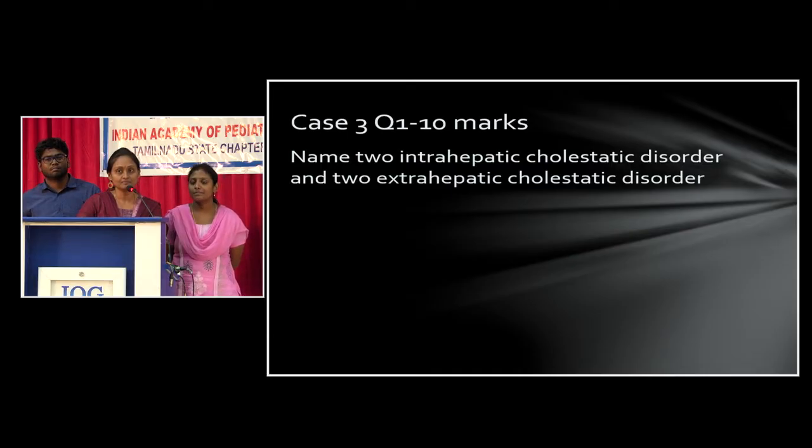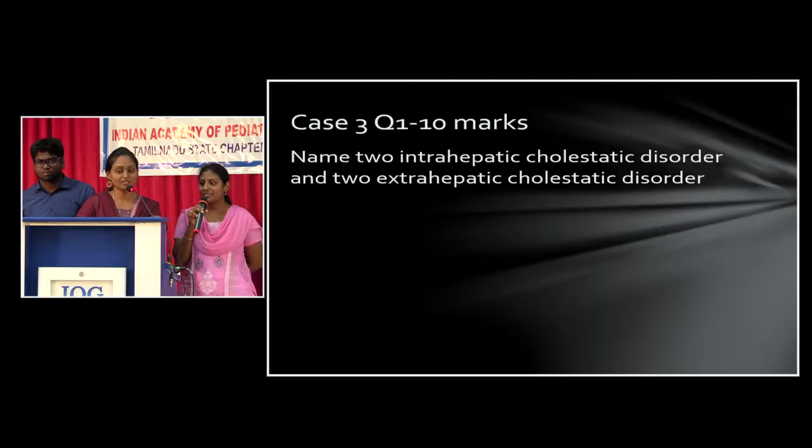Intrahepatic cholestatic disorders: metabolic disorders like galactosemia, hereditary fructose intolerance, tyrosinemia, hemochromatosis. But the pathology is outside the liver; I'm asking about pathology within the liver itself. Congenital hepatic fibrosis, bile duct, PFIC syndrome. And extrahepatic?